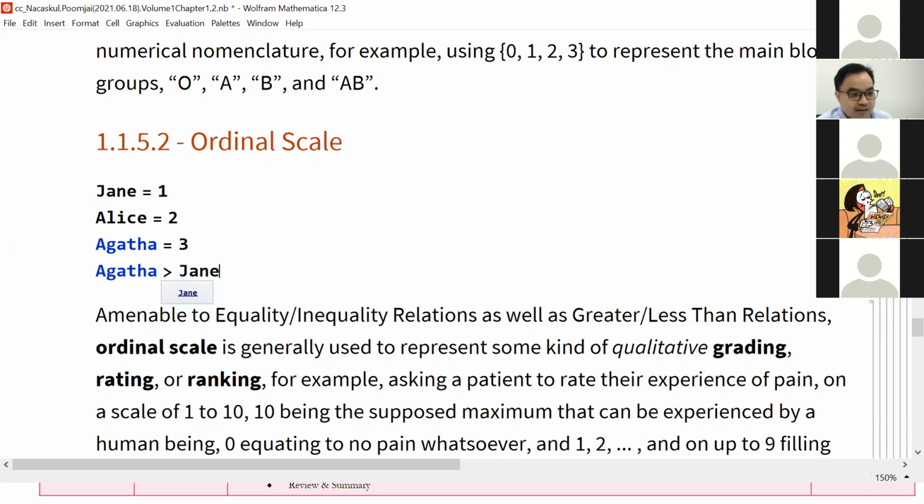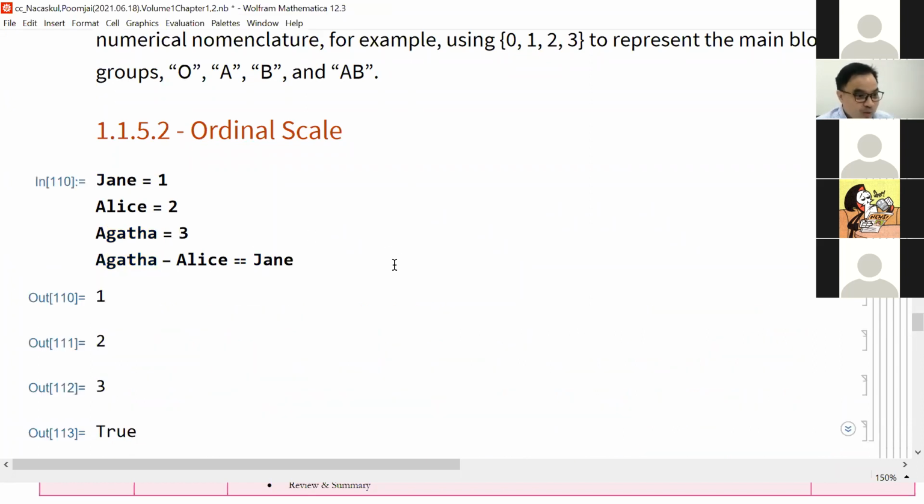You can do this. But what you cannot do is Agatha minus Alice equal to Jane. Now, the computer will tell you that this is true. Again, this is completely wrong.